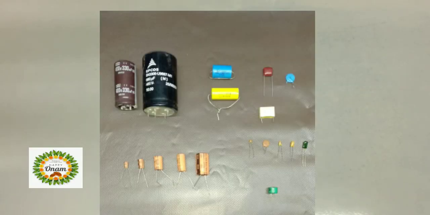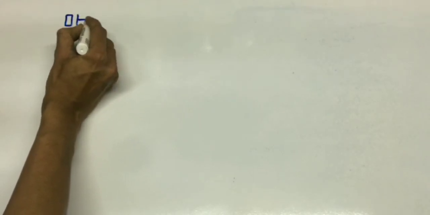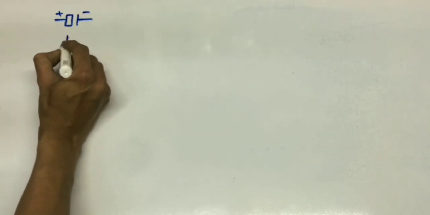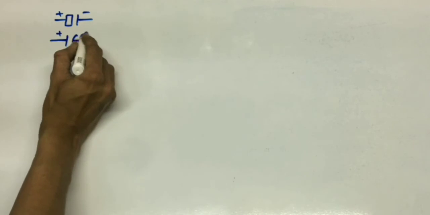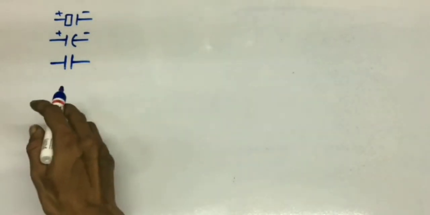So, I will show you the diagram of a capacitor. Electrolytic capacitors can be drawn like this. This will be the positive, this will be the negative, or like this. And the ceramic disc and mica capacitors are shown like this. These have no polarity, these are bipolar. There is no negative or positive in this.